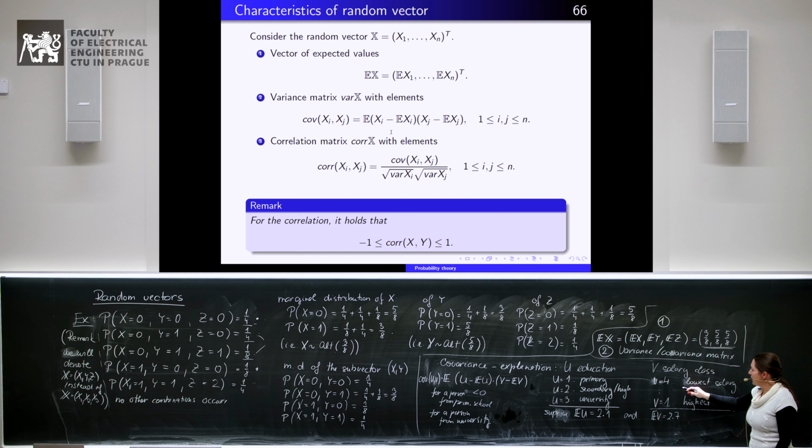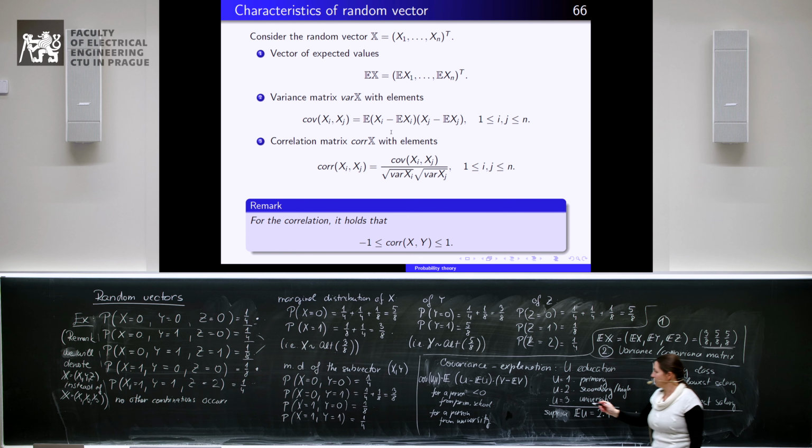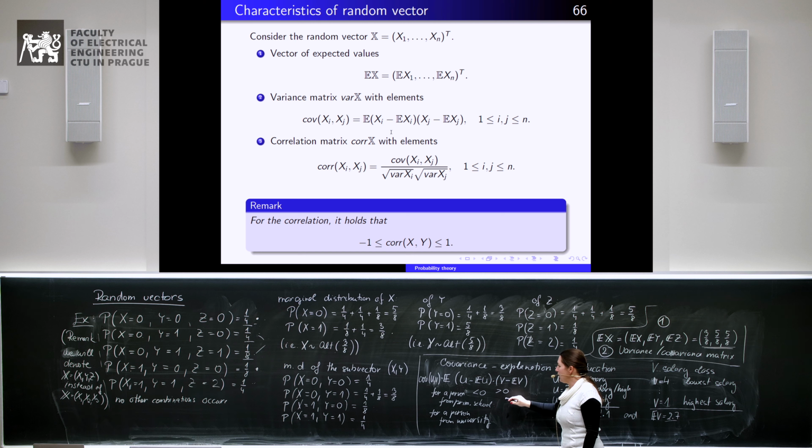So the number of the salary class is 4 or 3, and 4 or 3 minus 2.7 is positive. A negative number times a positive number gives us a negative number.